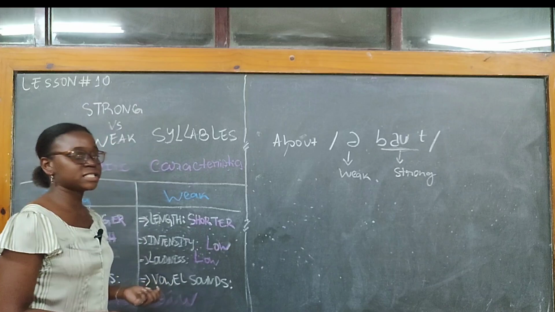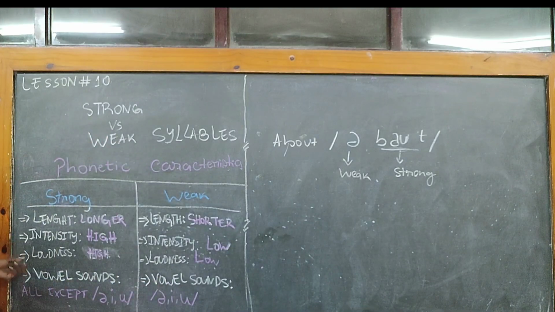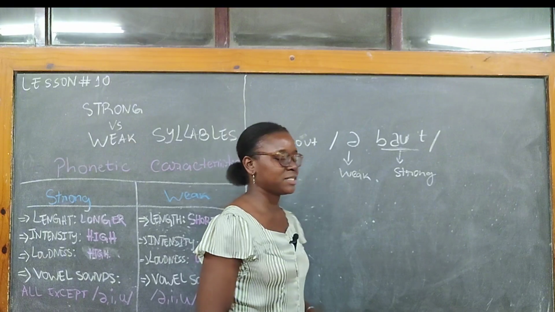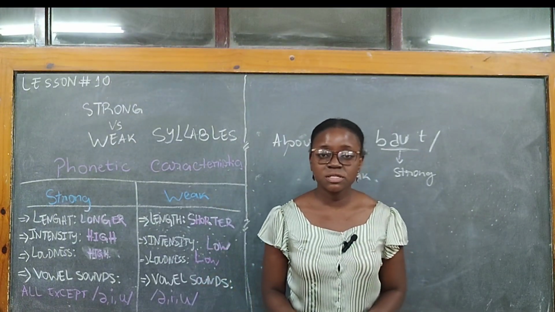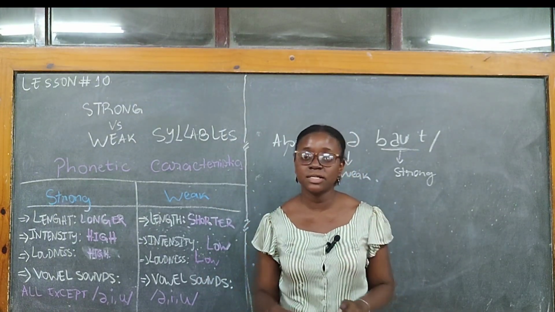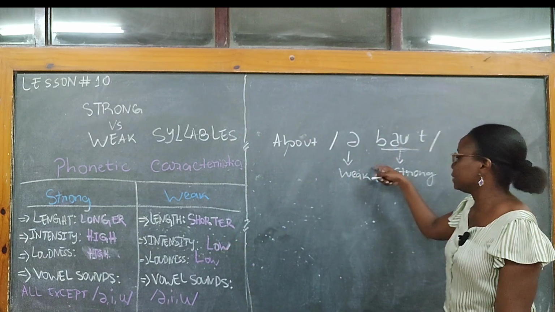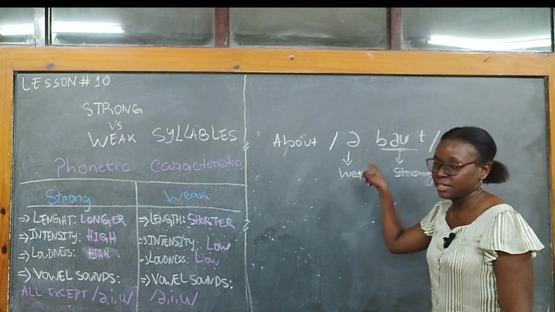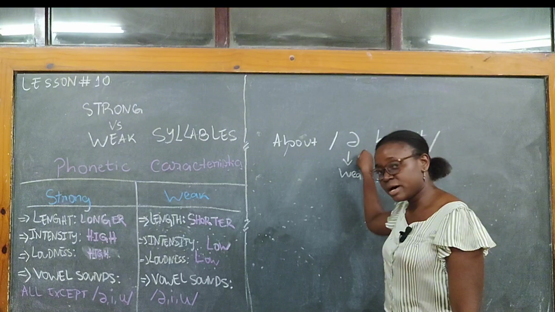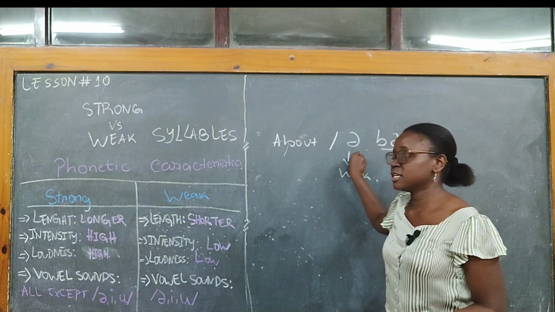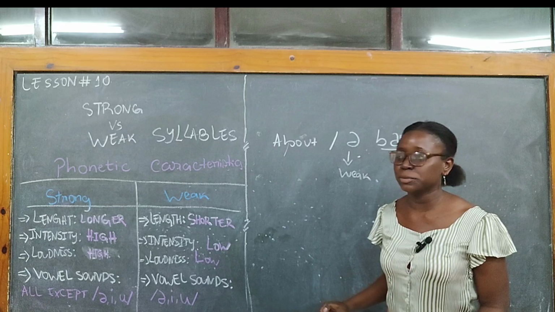Let's go for the next characteristic, which is loudness. Loudness, what do we mean by that? Strong syllables sound louder than the weak syllables. Let's go again for the example about. When we pronounce the schwa sound, it is lower. That's why we consider it as being a weak syllable.